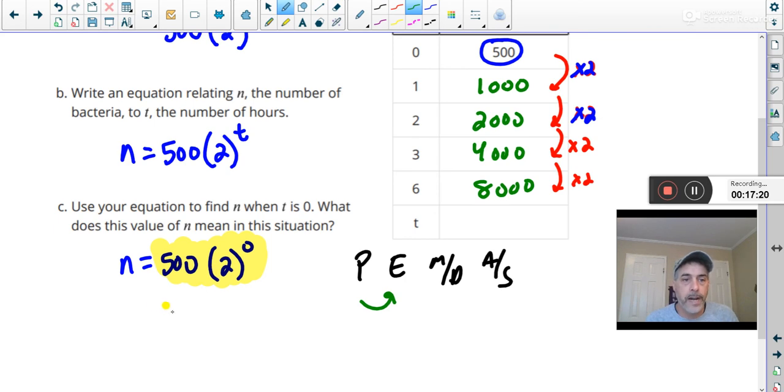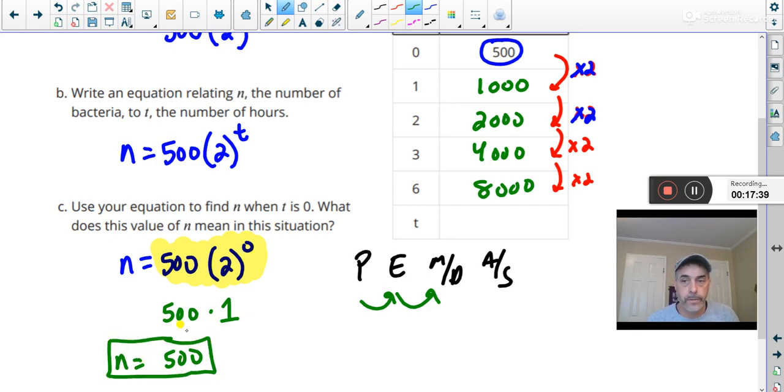So 2 to the 0 power. Well, we just reviewed that any number raised to the 0 power is 1. Now it's time to multiply or divide, and that is 500 times 1 is 500. So my n equals 500, which we just said, it was already in the table. But that's okay. They asked us to do it, and we did it.